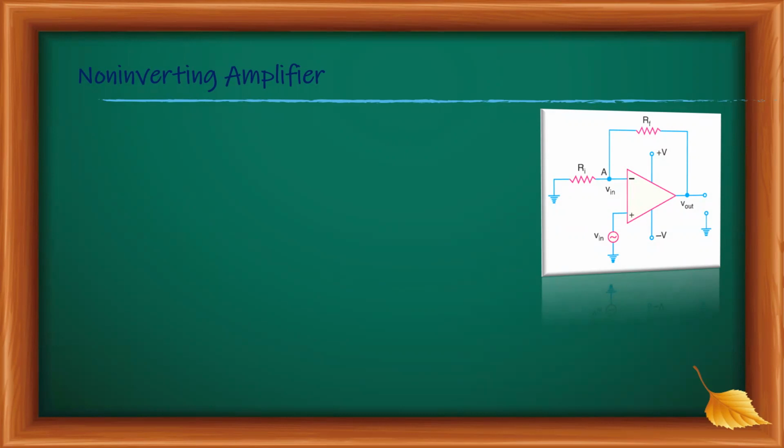The change in the figure, when we compare it with the inverting amplifier, is that, first, the input is applied at the plus or non-inverting terminal, and the resistor Ri, the resistor connected to the inverting terminal, is grounded. Ri is grounded.